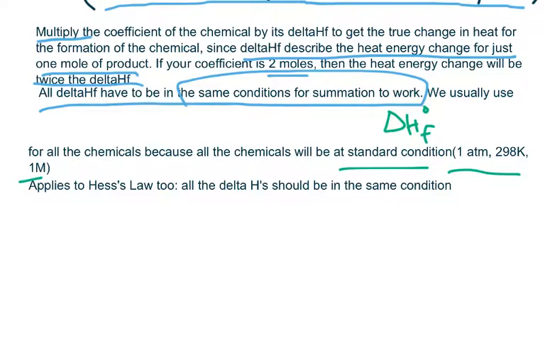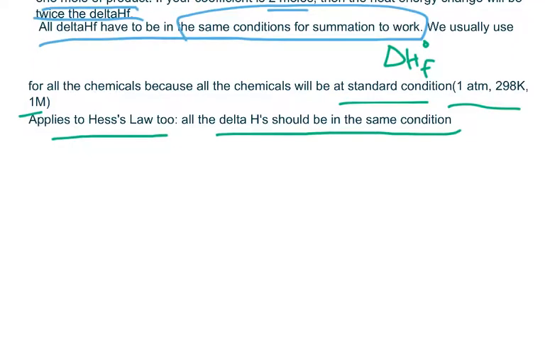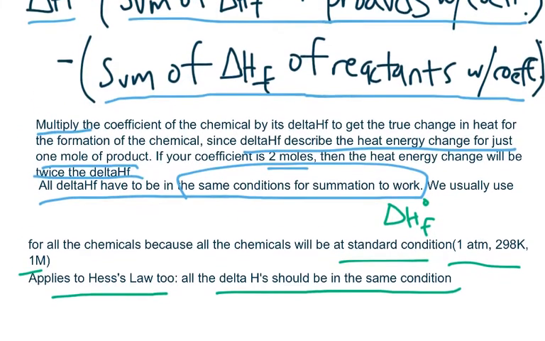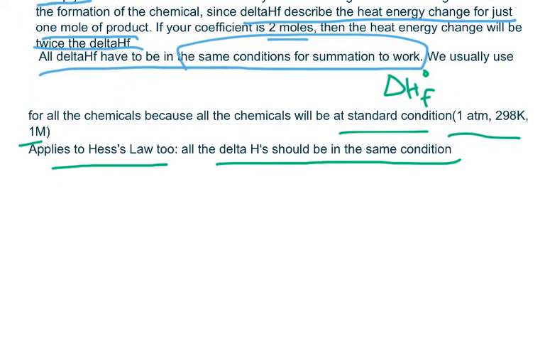So this concept about the ΔHs being in the same conditions applies to Hess's law too, since all the ΔHs that you add should be in the same condition. The only time you would add ΔHs that are in different conditions is basically when you have no other choice. So we will look at some problems involving ΔHf's in the next slide.